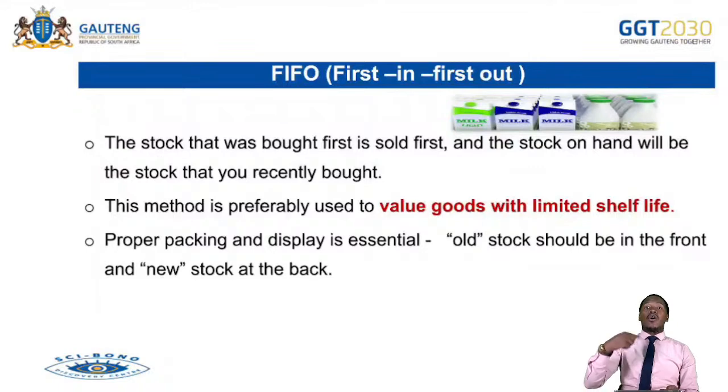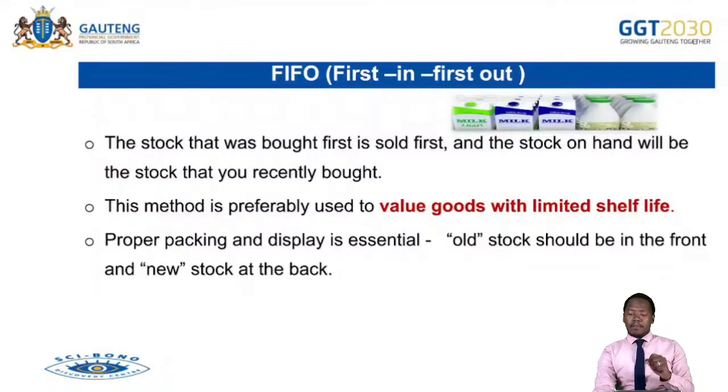The one that will take longer to expire will always be put at the back. Why are they doing that? Because they are implementing first in, first out. Old stock should be in the front, and the new stock should be put at the back. This is how we see that this business is using first in, first out. Grade 12, from now on, we need to go and observe if this is happening in real supermarkets.